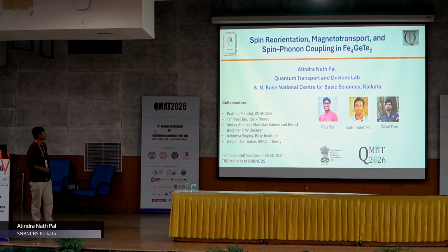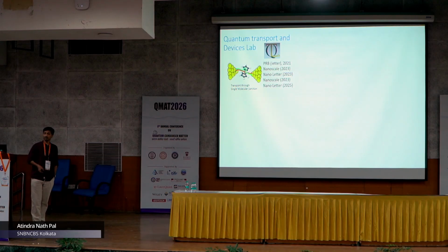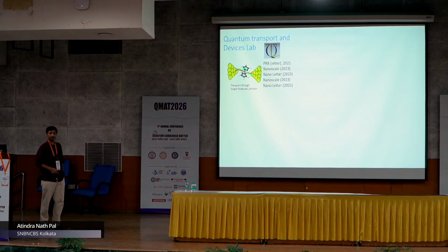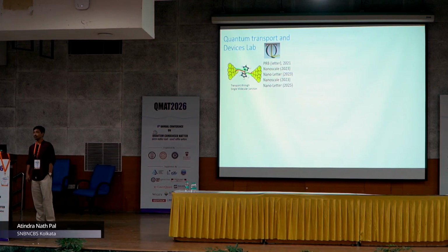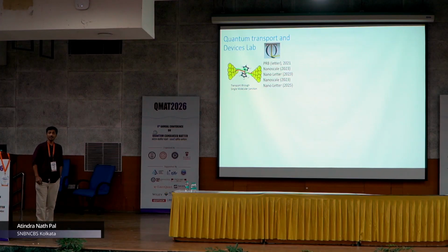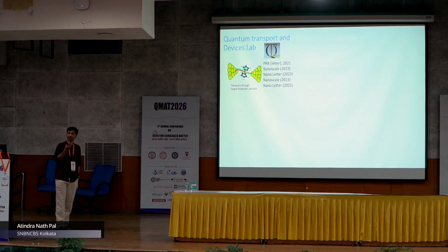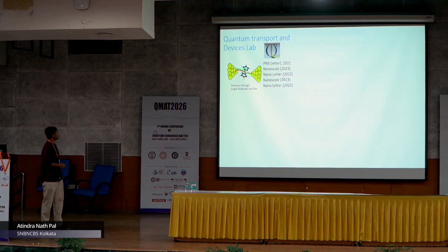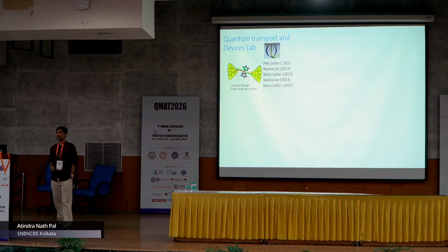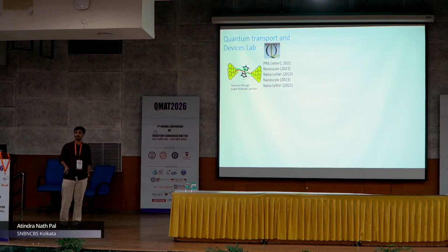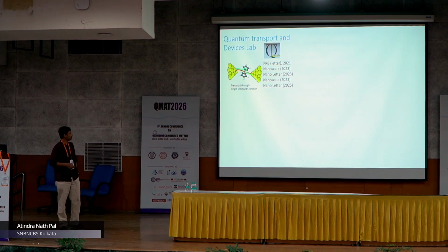Before going to the talk, I will briefly describe what we do in my lab. My lab is called the Quantum Transport and Devices Lab, and we focus on various things in quantum transport, from zero-dimensional single atom transport to bulk 3D transport. We have developed a single molecular break junction setup to understand transport through a single atom or single molecule.